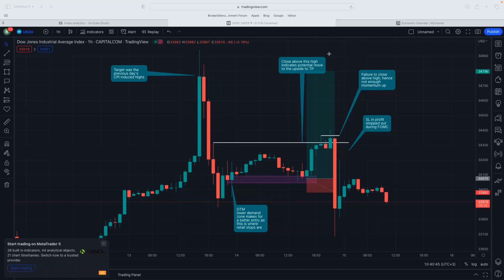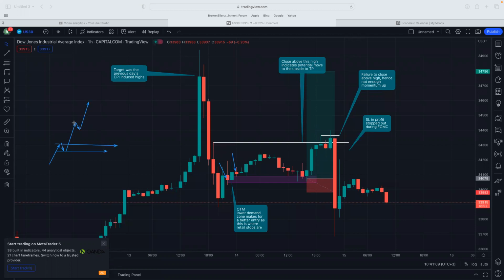So since that was my overall view of the markets, my other expectation was that I would not look for buys from this area, rather I'd look for them from this point, because this one is a lower demand. And if you were part of the webinar that was a few months ago, we talked about taking buys from two zones that are in close proximity.